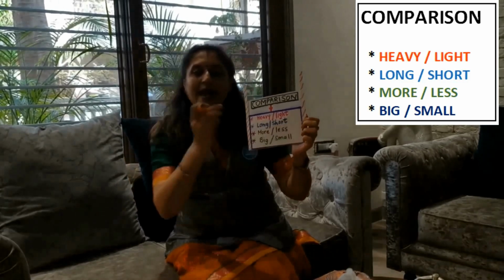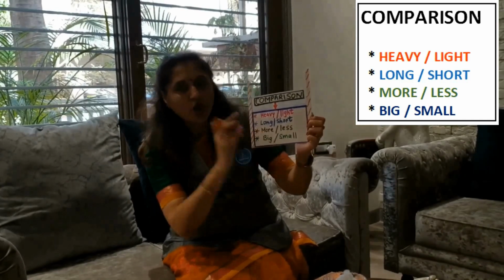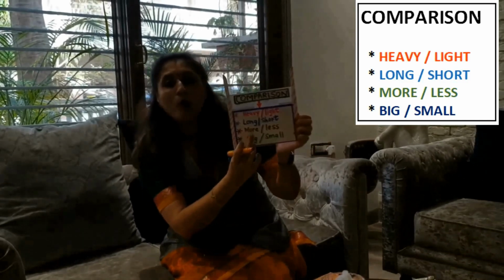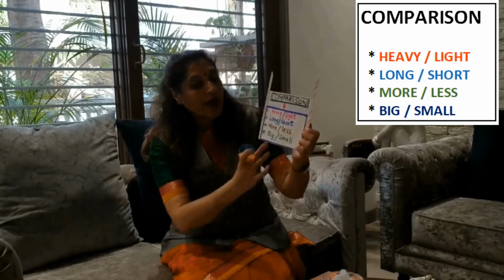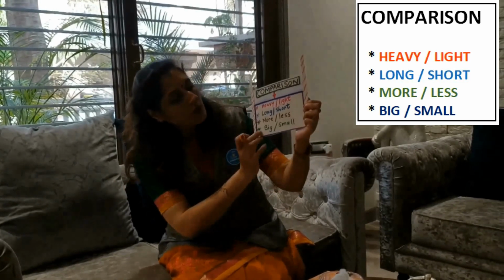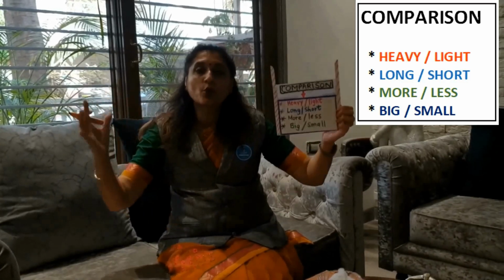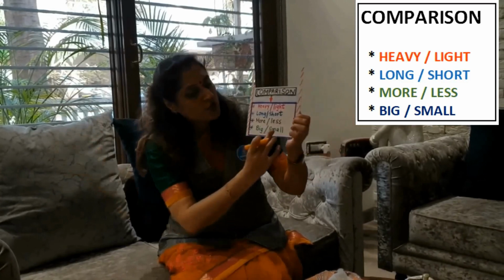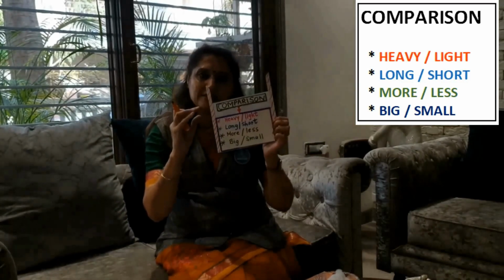And short means any object which has a short length, short size. Now more, less. More means many and less means less, little. Big. Big means huge in size. Small means very small, little, very short, little in size.